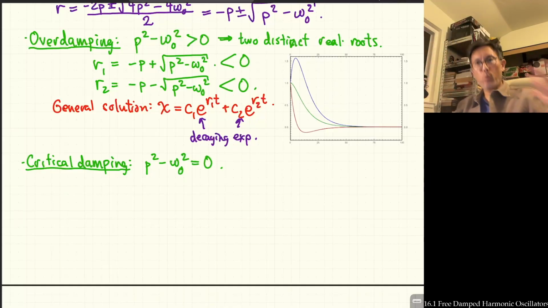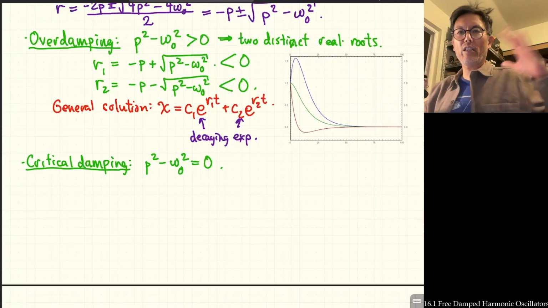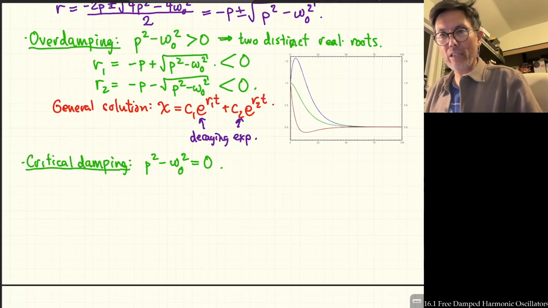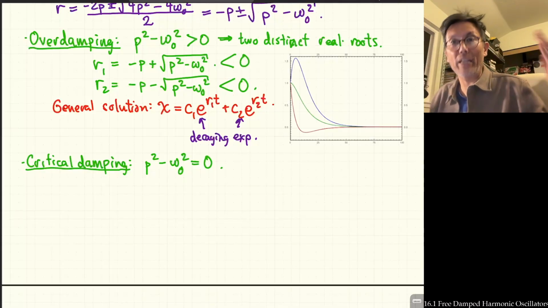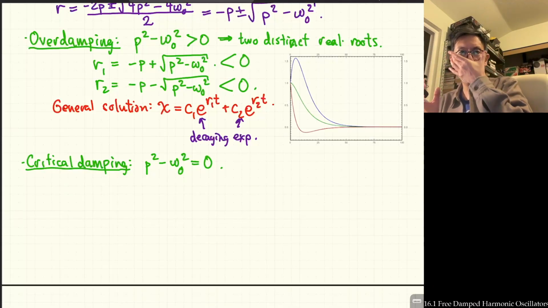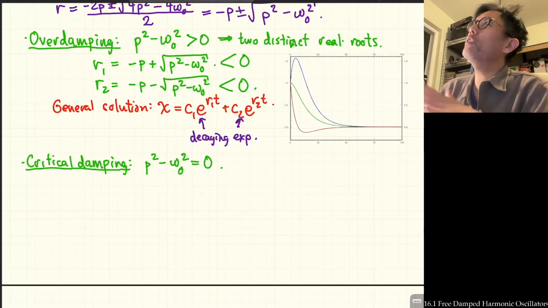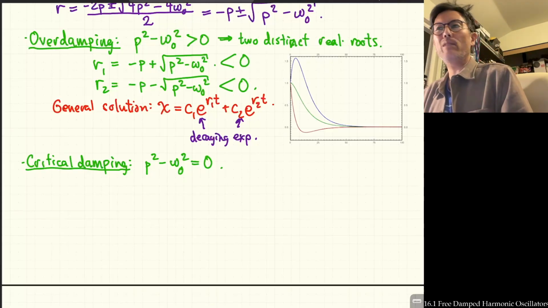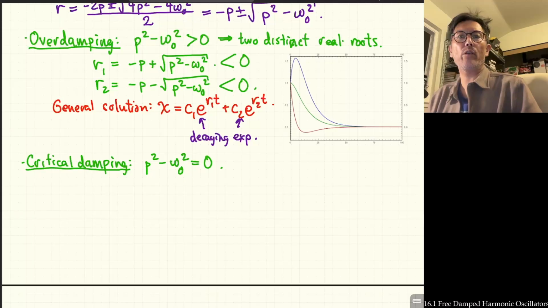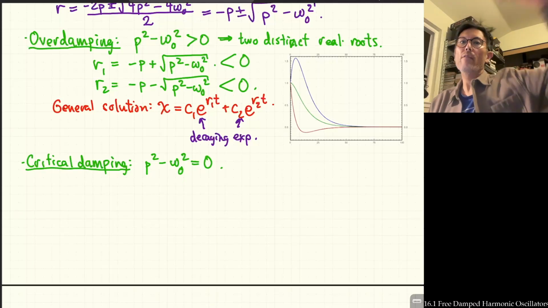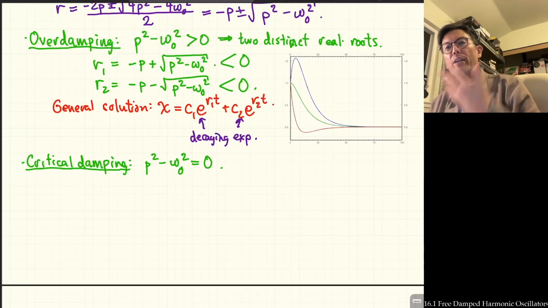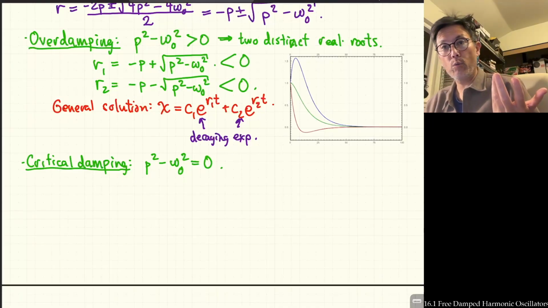Now, in the real world, it's going to be exceptionally rare that you see anything being exactly equal to 0. So you shouldn't think of critical damping as being all that relevant to the real world. But if you are curious about what happens in this situation, sure, we can talk about it.